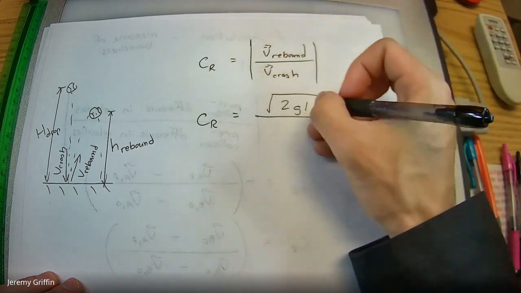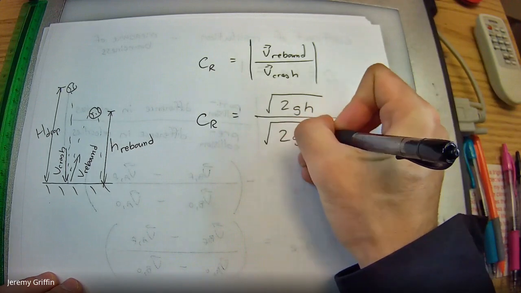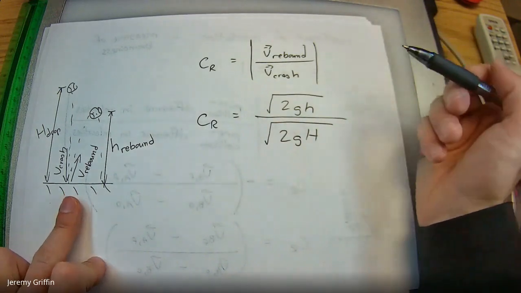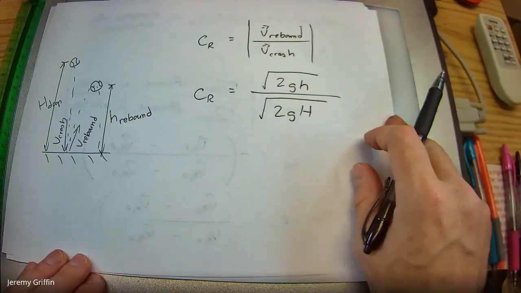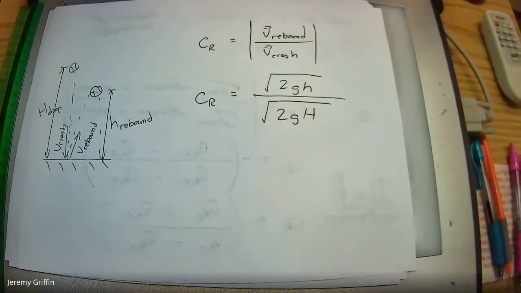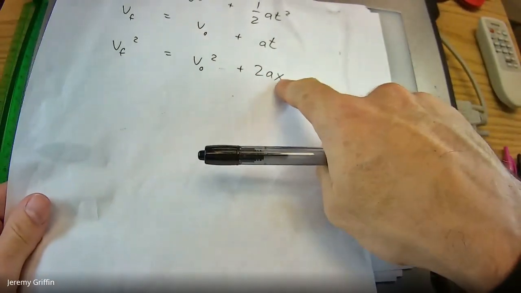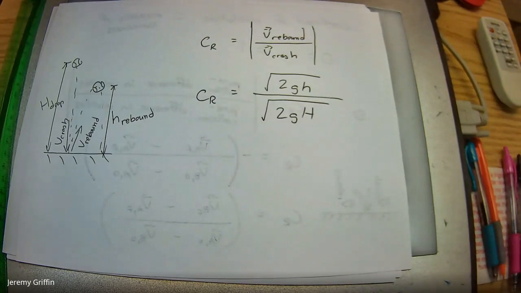And since this is rebound, I'm going to use little h here, and then capital H down here, because the rebound speed based on rebound height is the same principle: the square root of 2gh just going up. You saw this back when we were doing kinematics. If you use the third kinematic formula, you get square root of 2gh. You saw this with conservation of energy too.